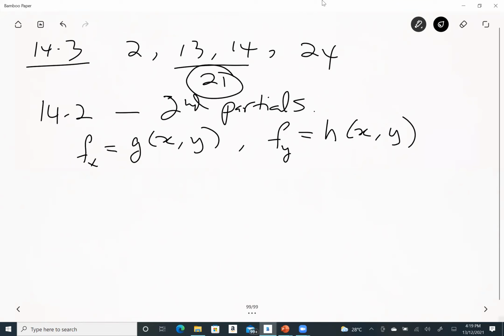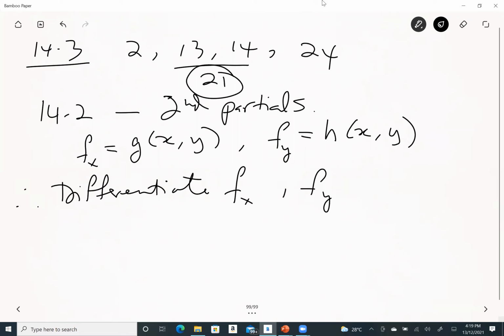Therefore, we can continue to differentiate fx, fy with respect to x, y.